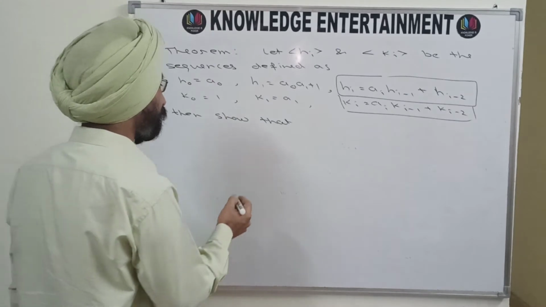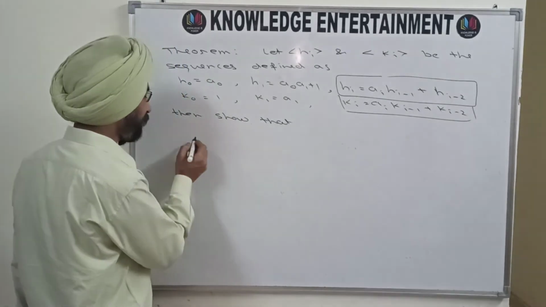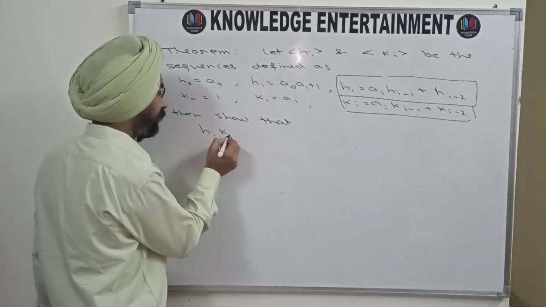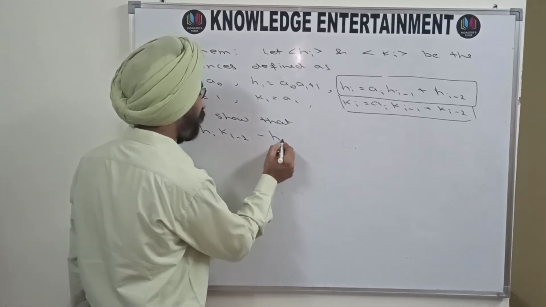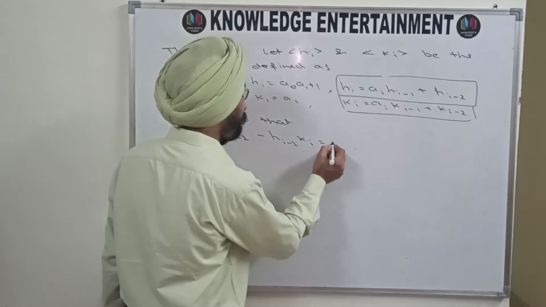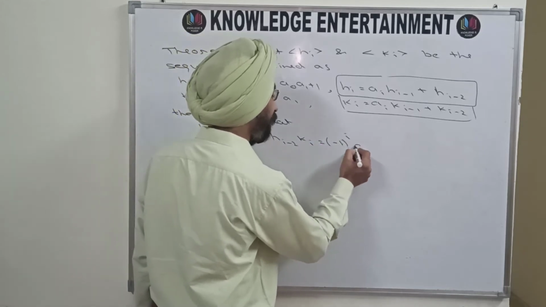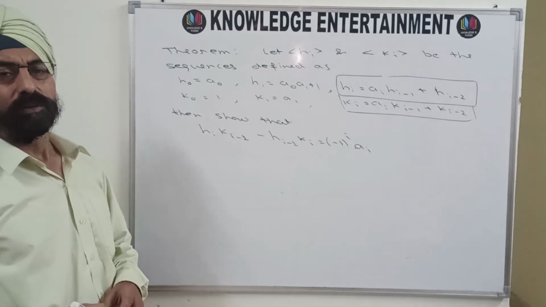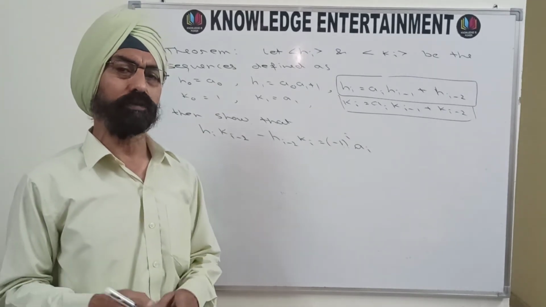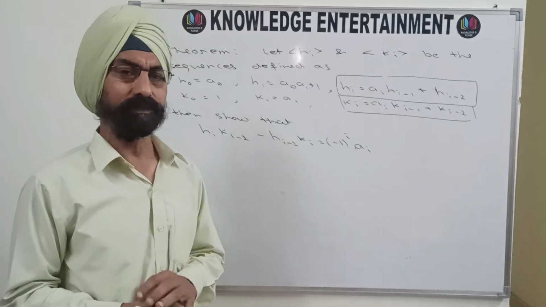The second result says that h_i k_{i-2} minus h_{i-2} k_i is equal to (-1) raised to the power i into a_i. Once again, let us move on to the first step of the principles of mathematical induction. Put i is equal to 1.